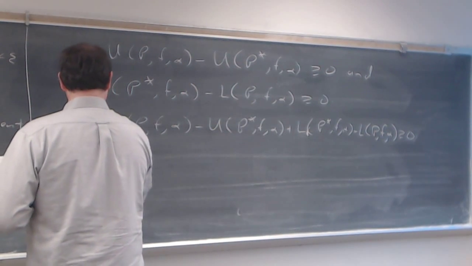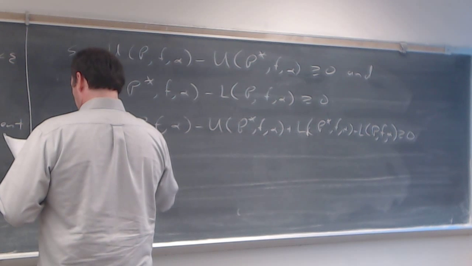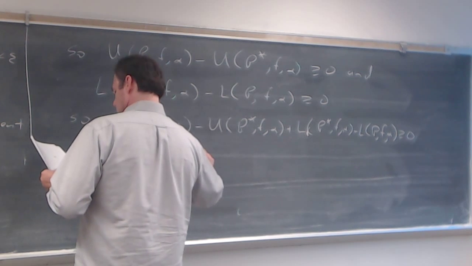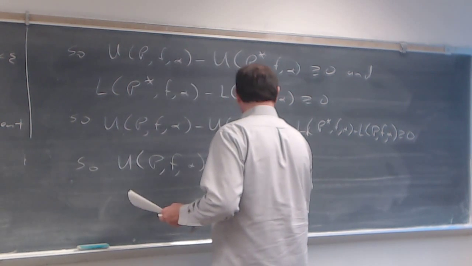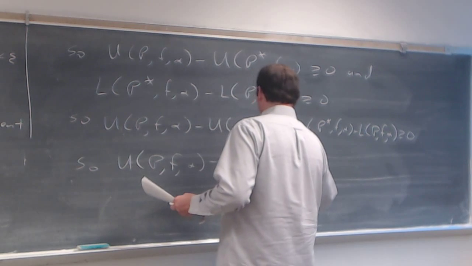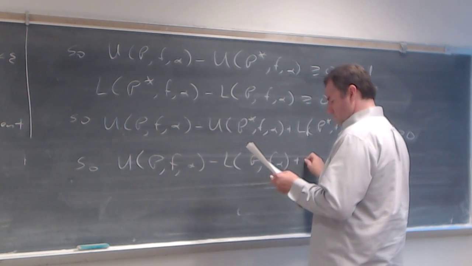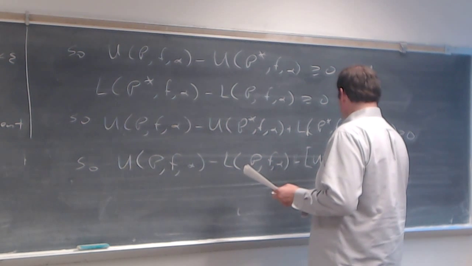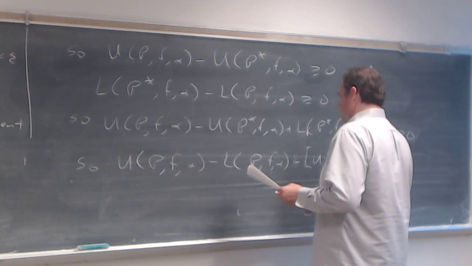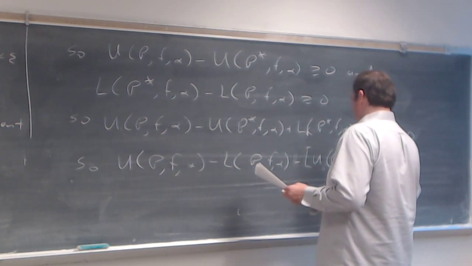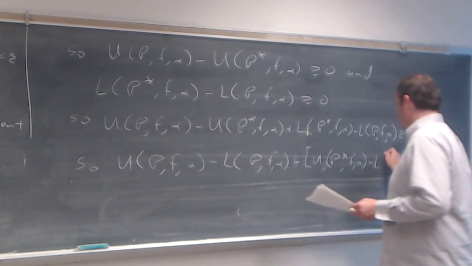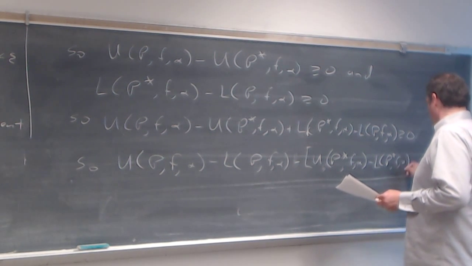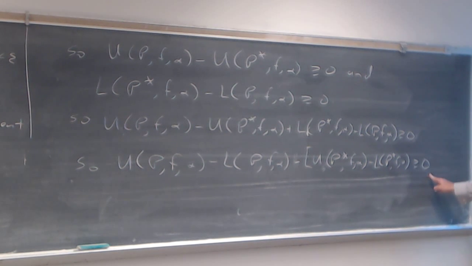So, rewriting these terms, the upper sum with P minus the lower sum with P, minus the quantity, the upper sum with the refinement minus the lower sum with the refinement, has to be greater than or equal to 0.